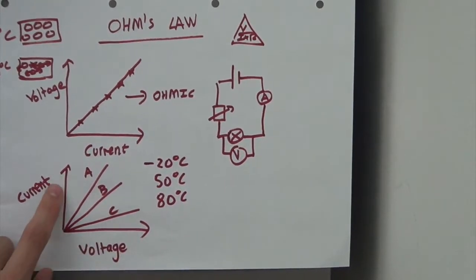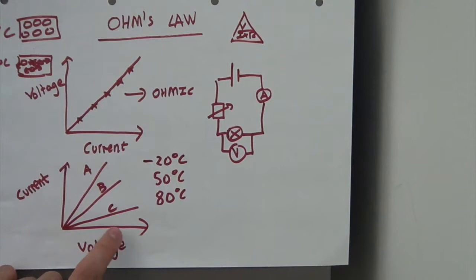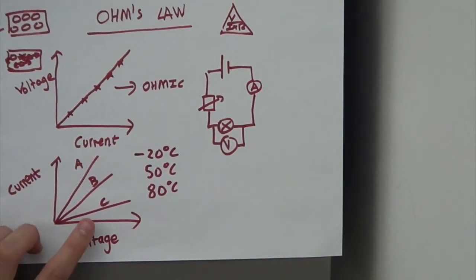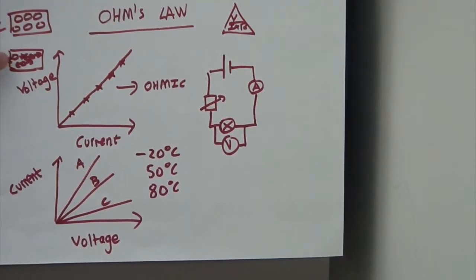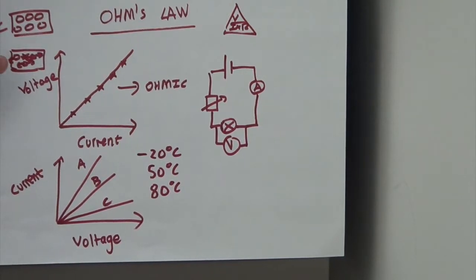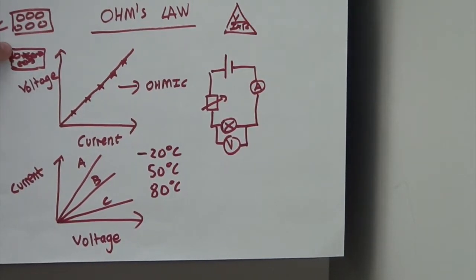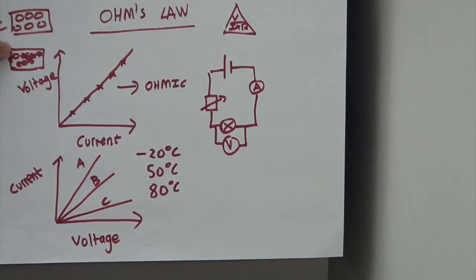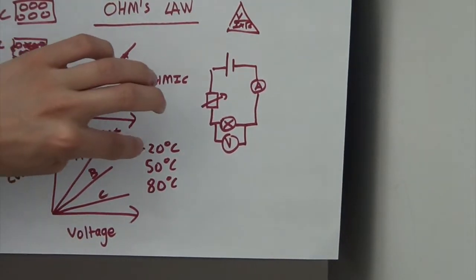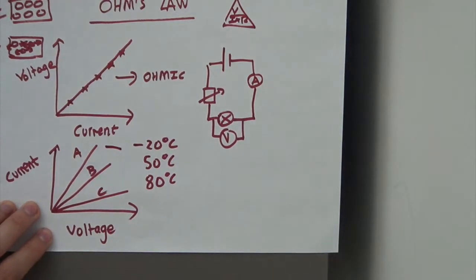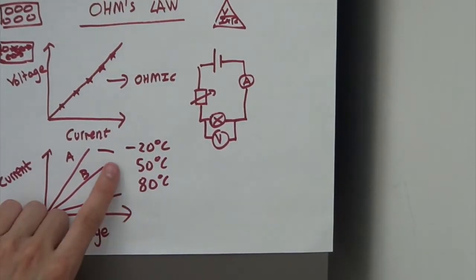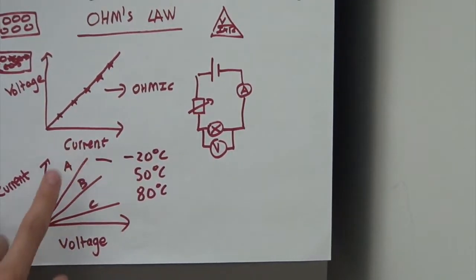Line B has got a moderate amount of current at that particular voltage, and line A has got a huge amount of current at this particular voltage. So, using our model of vibrations vibrating more at greater temperatures, I think that minus 20 has to go with that resistor, because we've got a high current.